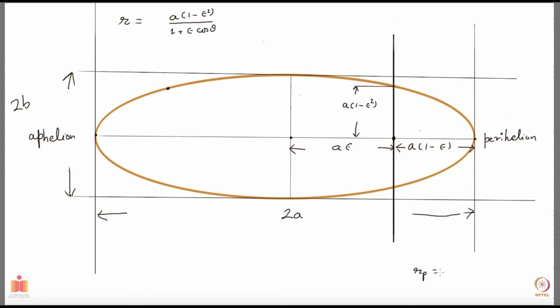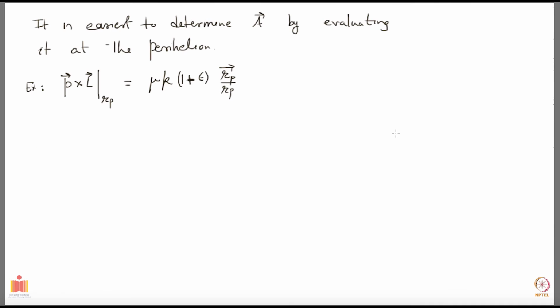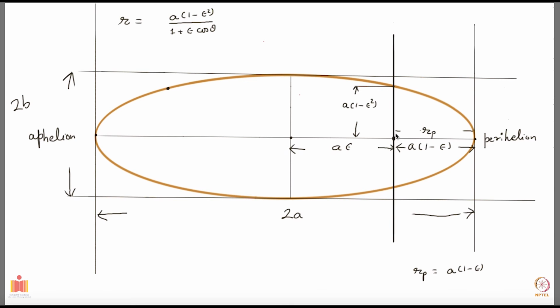Maybe I should emphasize that Rp is A times 1 minus epsilon. This is Rp. So that is Rp.